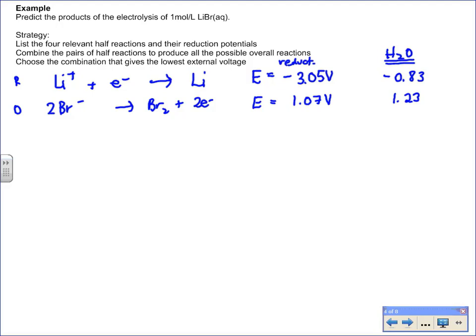So what we have here is a scenario where we've got two potential reduction reactions and two potential oxidation reactions. And we want the reactions to occur that will lead to the lowest overall external voltage being required. So let's keep in mind that the Ecell is equal to the reduction potential at the cathode minus the reduction potential at the anode.